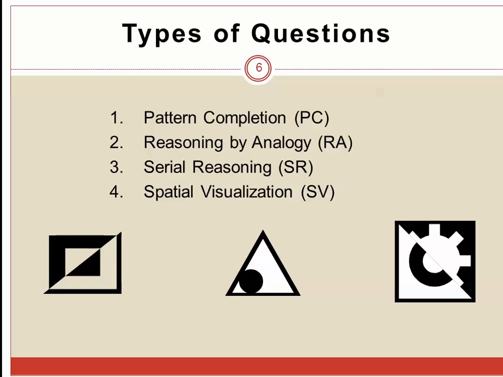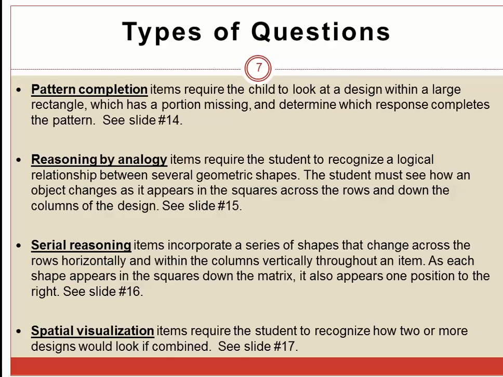So the types of questions are pattern completion, PC, reasoning by analogy, RA, serial reasoning, SR, and spatial visualization, SV. Pattern completion items require the child to look at a design within a large rectangle which has a portion missing and determine which responses complete the pattern.